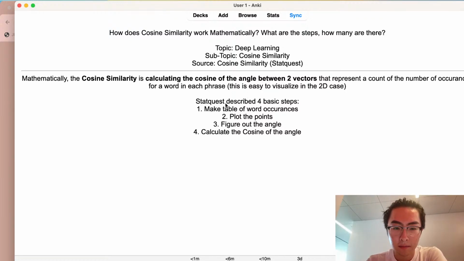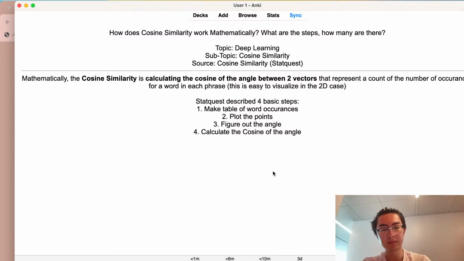This is: make a table of word occurrences, plot the points, figure out the angle, calculate the cosine of the angle. So I think maybe we have an x and y axis. X representing the number of occurrences of one word, Y the number of occurrences of another word.